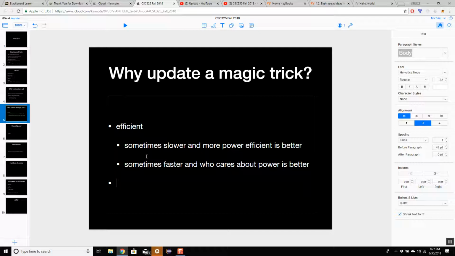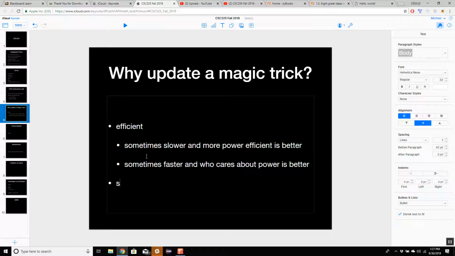If you're able to grab onto that particular magic trick and there's issues with it, you might be forced into a situation of maybe slowing it down or becoming less memory efficient at the cost of, hey, now it's secure where before it wasn't. It doesn't matter how power efficient it was, or how fast or slow it was before, if it's basically this giant unlocked door in your system.